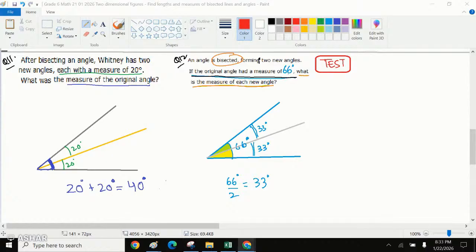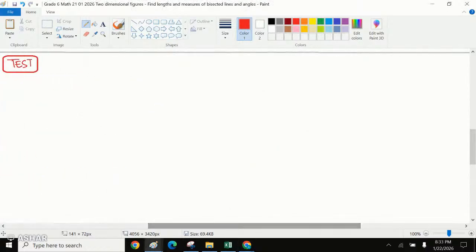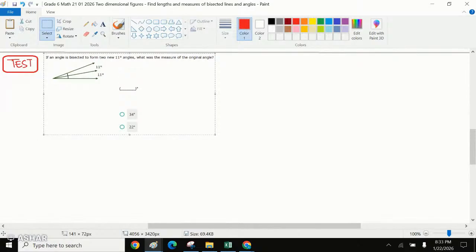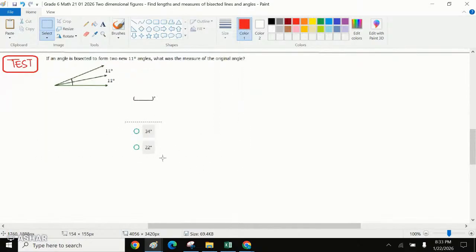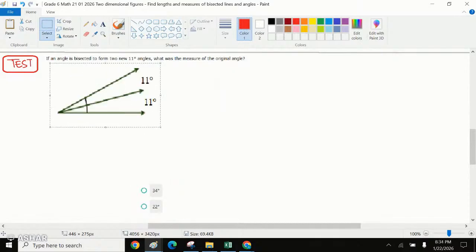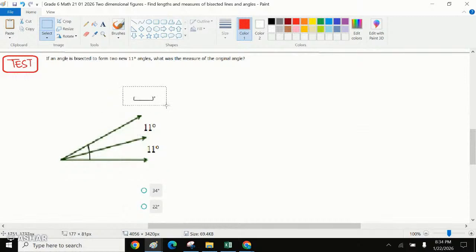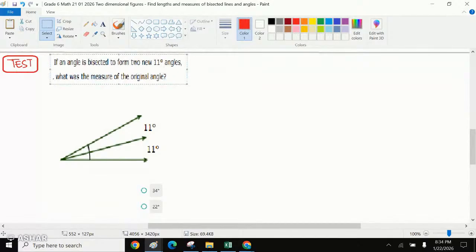Question number 1 from the test says, it's this given statement. These are the two options we have. This is the angle that we have. What was the measure of the angle? If an angle is bisected to form two new 11 degree angles, that means each smaller angle is 11 degrees.